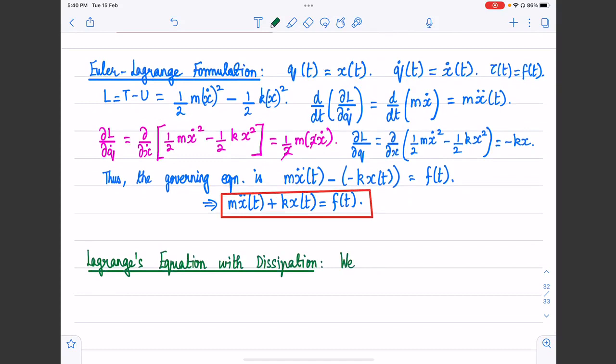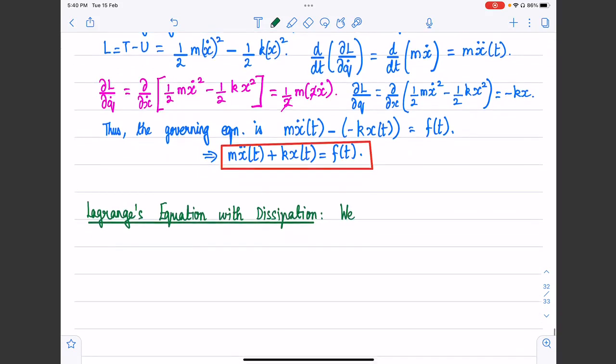In the previous problem, we didn't consider any dissipative effects. For example, we didn't consider any damping, friction, and so on. But let's say we consider damping forces, like viscous damping forces, like what we get in a viscous damper.